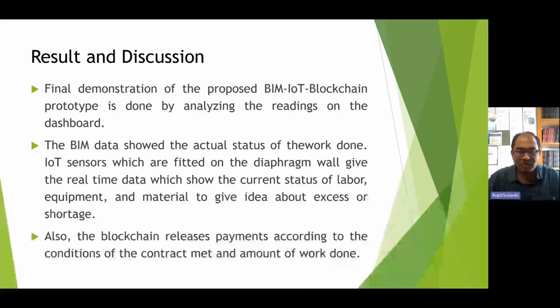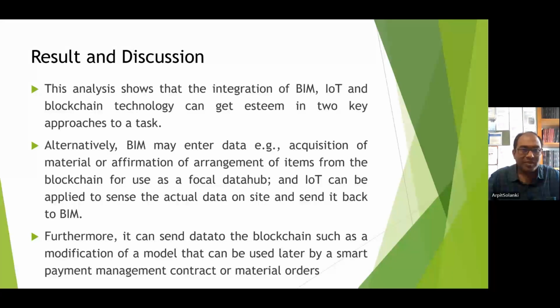Then also the blockchain releases payments according to the conditions of the contract made and the amount of work done. Then the analysis also shows the integration of BIM, IoT and blockchain technology in two key approaches to a task.